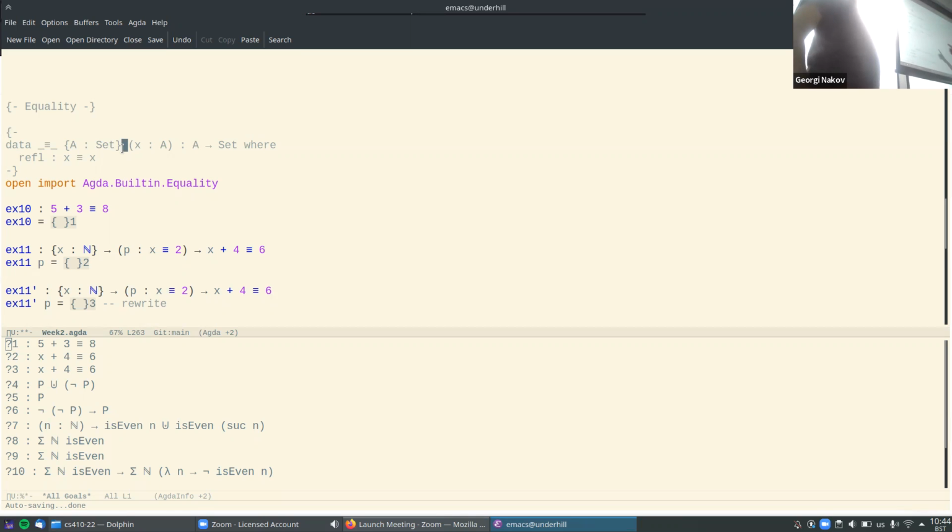Okay, so what we basically said here is that Agda will let you use the constructor refl, short for reflexivity, provided Agda can see why the things on both sides of the equal sign are the same.